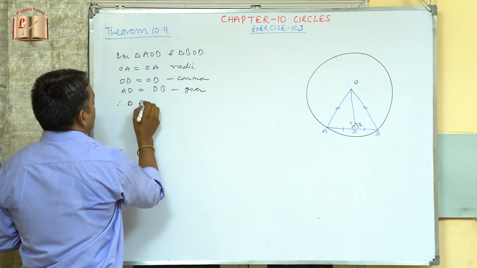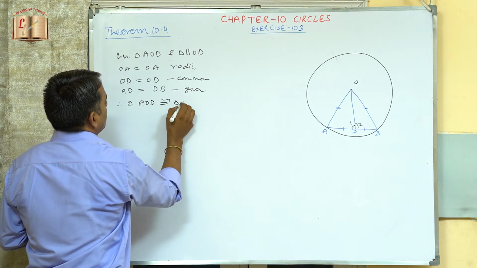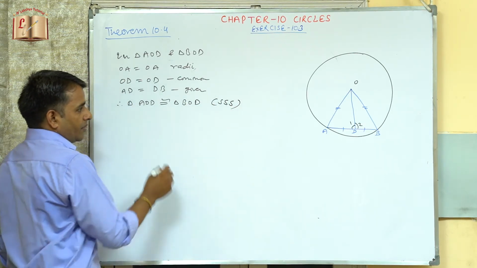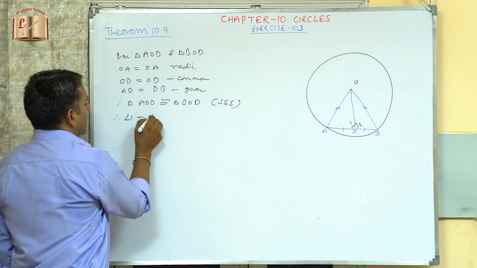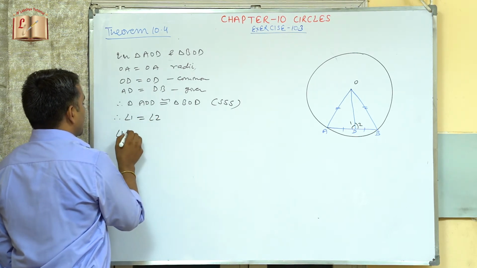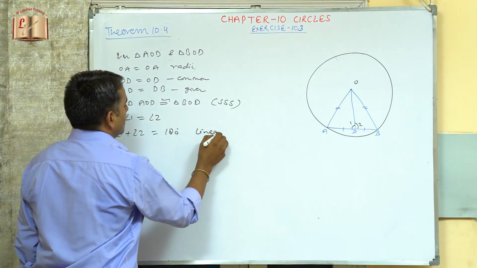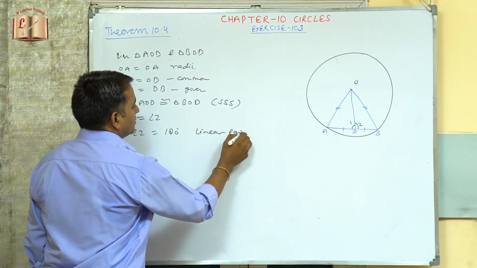Therefore triangle AOD is congruent to triangle BOD by SSS congruency. Therefore we can say angle 1 equals angle 2, but angle 1 plus angle 2 equals 180 degrees. Why? This is the linear pair.